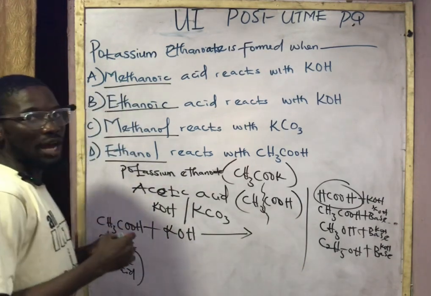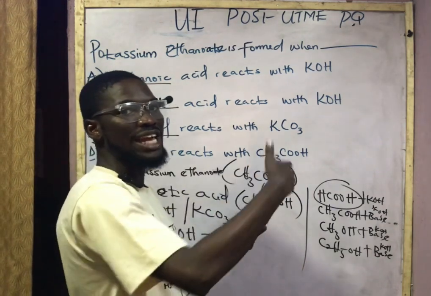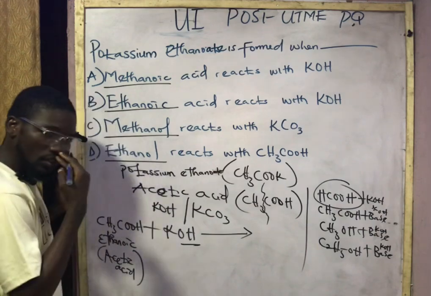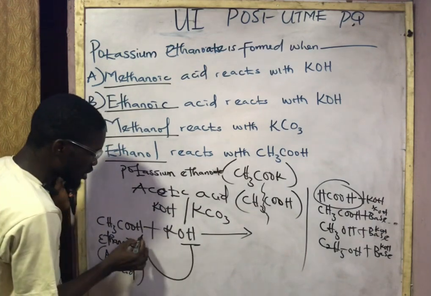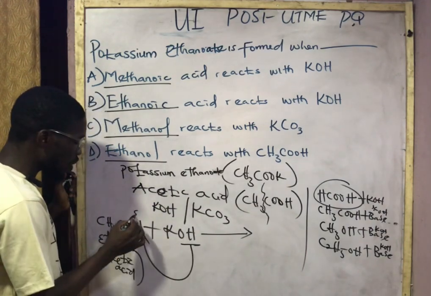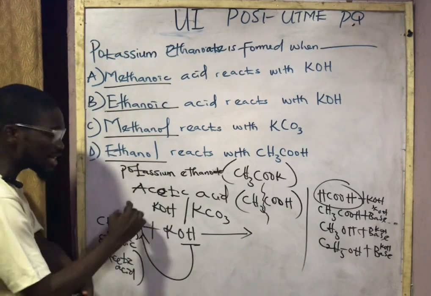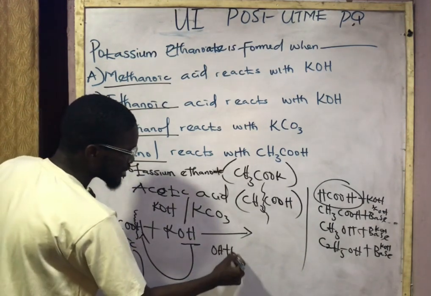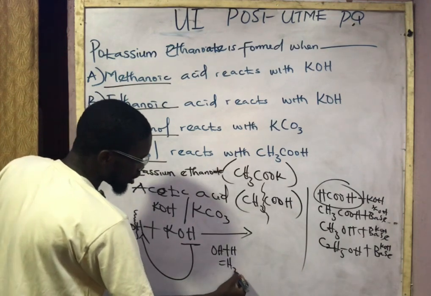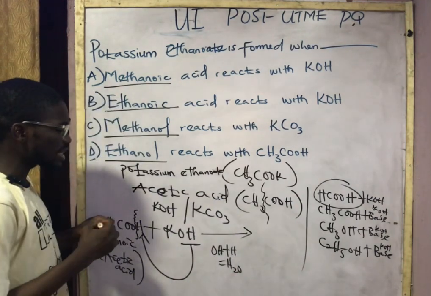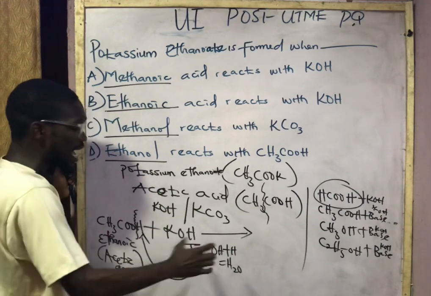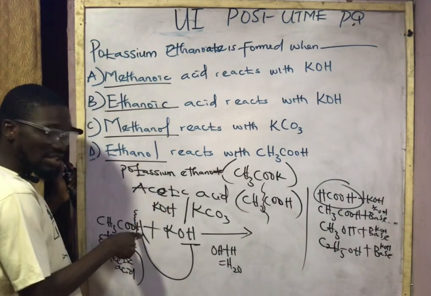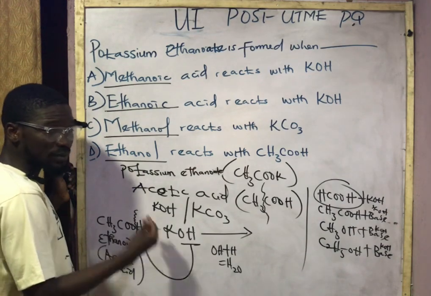Don't forget, I told you guys that we call them the acid-base neutralization reaction. So now, looking at this OH here, it is going to react with this hydrogen here. So we have a cleavage here. By removing this hydrogen, OH plus this gives us what? Water. So you can easily see that we have found our water. Now the potassium will replace the hydrogen being removed.